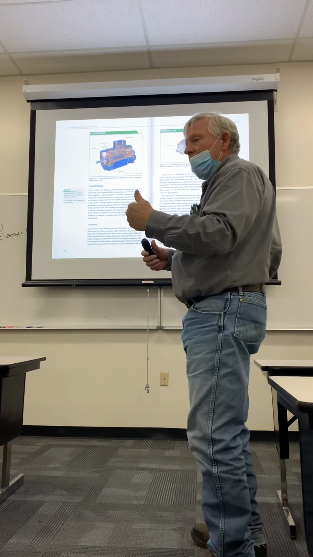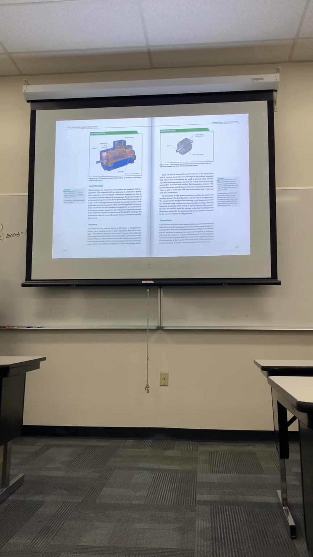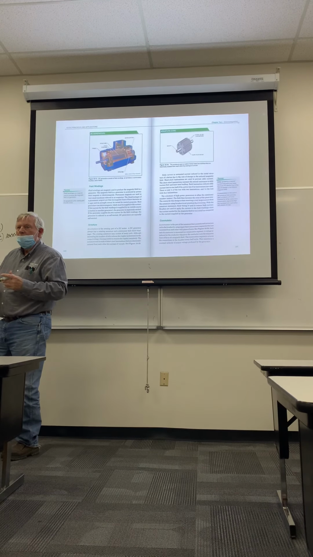On the back part of that commutator, we're getting away from these now, but they're still very, very popular. You have this part here, and you have a bunch of isolated little sections. They go against the brushes and basically switch the current. That's where the brushes are usually curved to roll on that, they actually touch the commutator.